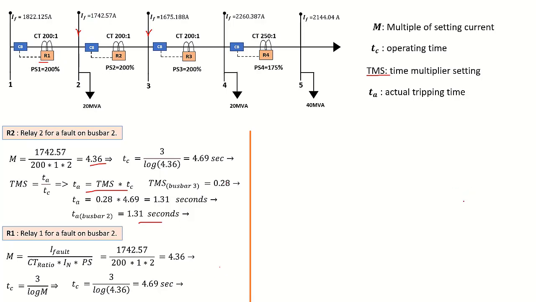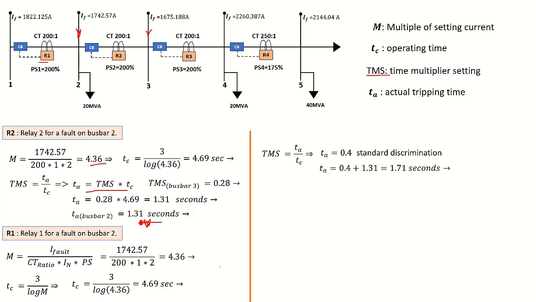Now the next thing here is to calculate TMS. So TMS, as we know, is TA over TC. But remember to add the 0.4 standard discrimination. Then that gives a value of TA equal to 0.4 plus 1.31 seconds. 1.31 seconds, that is this one that we calculated for relay 2 for the fault on busbar 2.